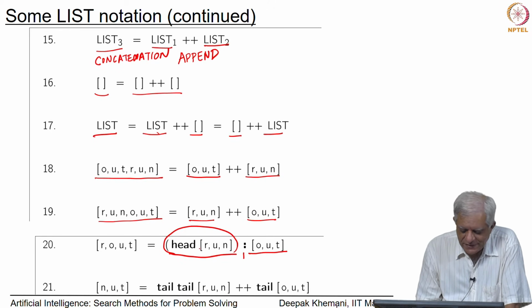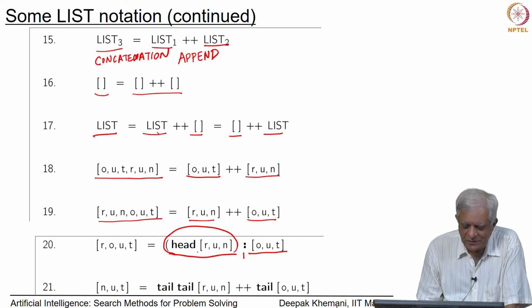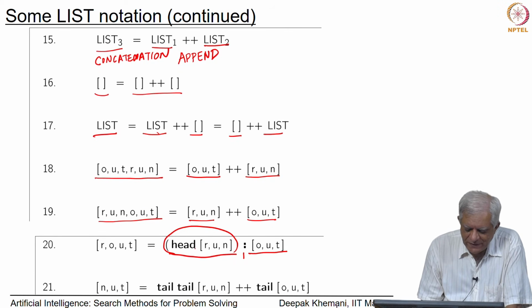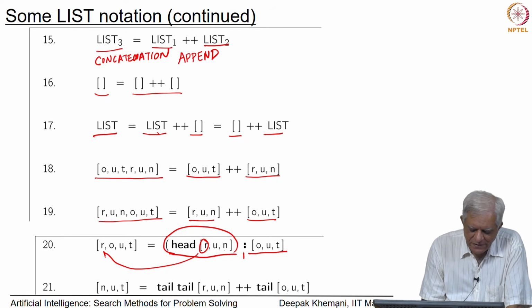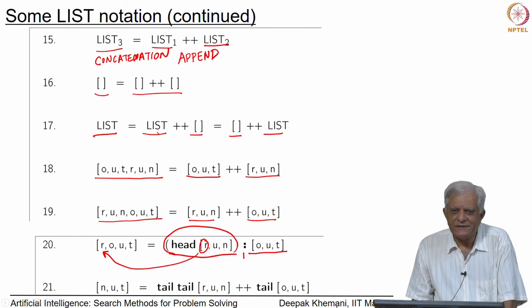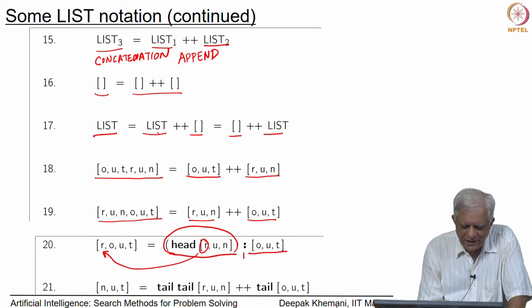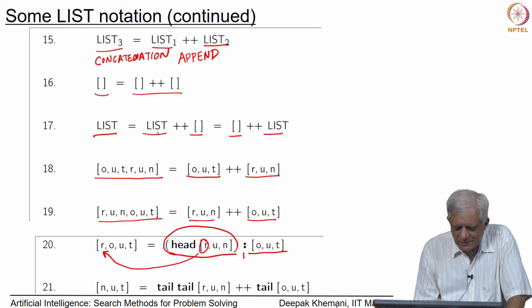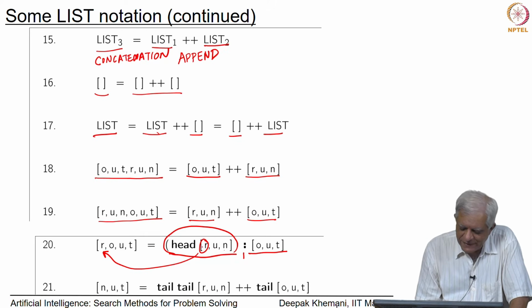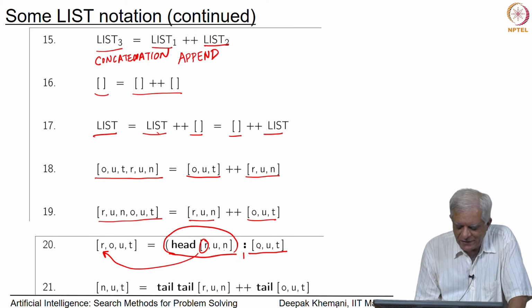So, whatever this evaluates to will be inserted at the head of the list that will be composed by OUT. What does this expression evaluate to? It evaluates the head of this expression which is R, and then you can see that R is what is inserted at the head of the list. So, the outcome of this expression is ROUT, which is taken by taking the first element of this list RUN and adding it at the head of OUT.